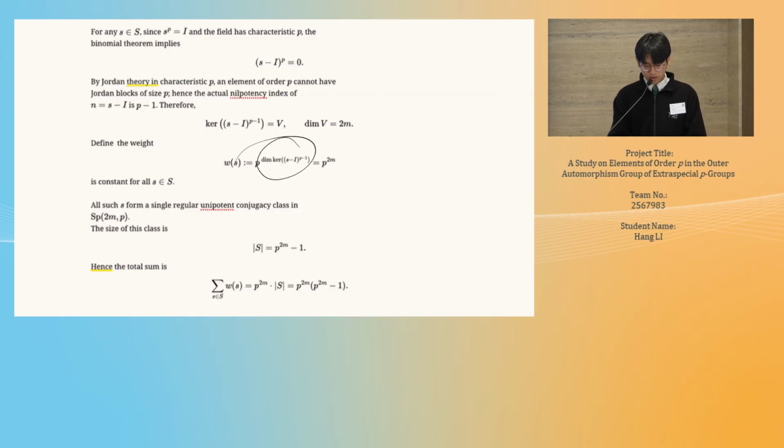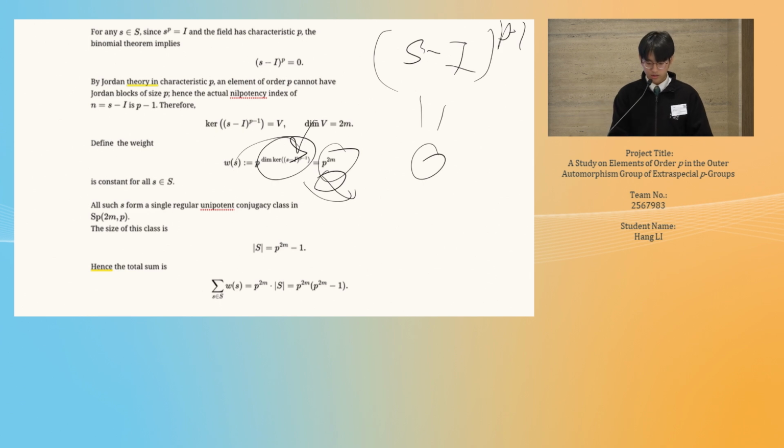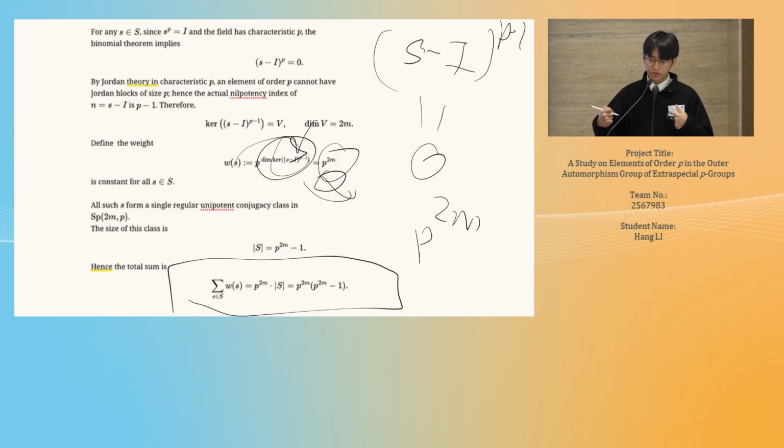So I create this weight, and you could calculate, because S minus I to the power P minus 1 is just equal to 0, it collapses all the dimension, and so the dimension of the kernel of F would be 2m, and this would be P to the power of 2m. And if we add on all the unipotents to this weight, you could have this beautiful formula.